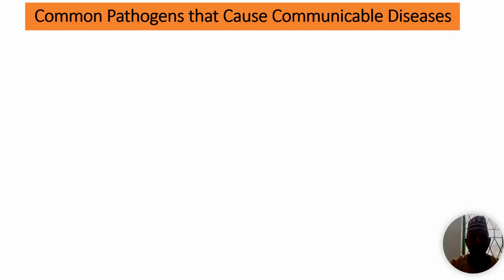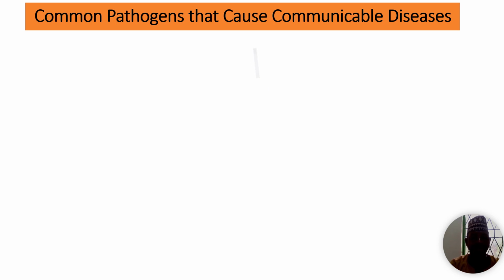Now, let us look at the common examples of pathogens that cause communicable diseases. Generally, communicable diseases are commonly caused by bacteria, viruses, fungi, and protozoa in our environment, which we will see in detail.